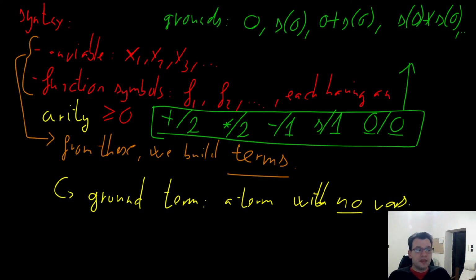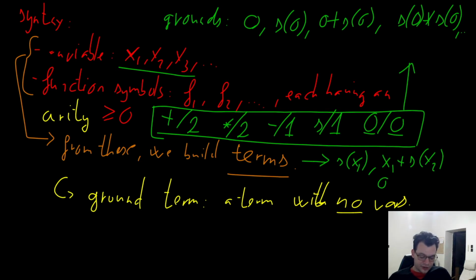Okay, if you are building terms which are not necessarily ground terms, then you can build, say, s of x, because then you can just use variables. If you wish, you can index these, so s of x1, or x1 plus the successor of x2, that's also fine, and like 0 times successor of x, that's also fine.